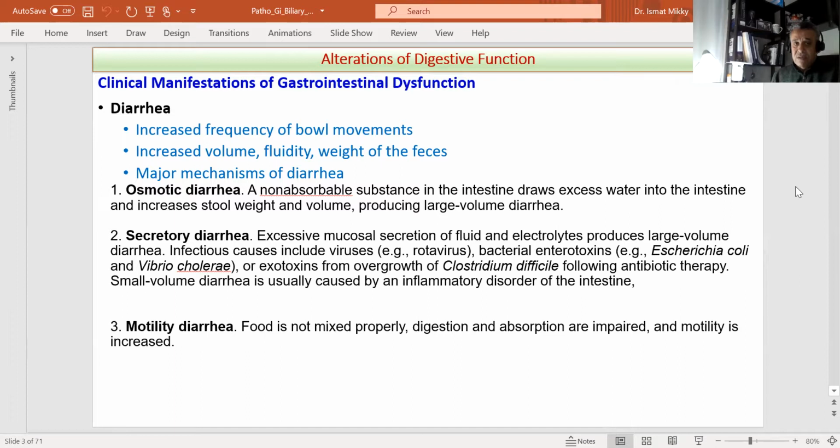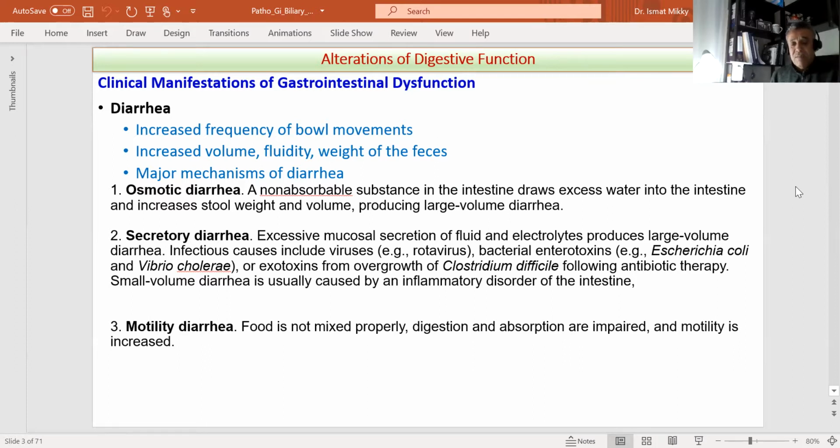We'll cover this also under the GI tract as part of this lecture. UC stands for ulcerative colitis, and the other type of IBD is Crohn's disease. Secretory diarrhea can also result from fecal impaction.